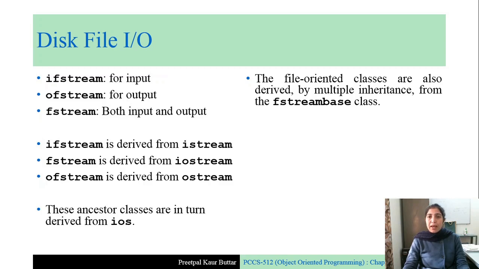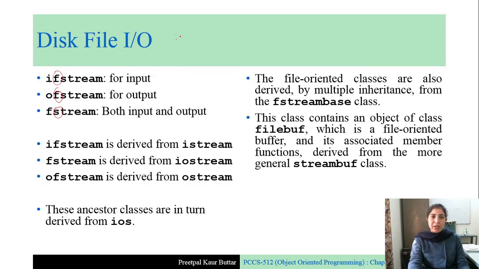These file oriented classes, that is, the ones with f here, are the file oriented classes. istream is not file oriented. The file oriented classes are also derived by multiple inheritance from another class, which is fstreambase. So there is another class in that hierarchy, fstreambase, and all these classes through multiple inheritance are also derived from fstreambase.